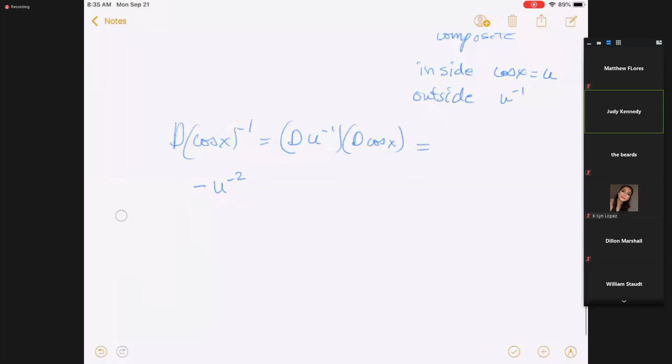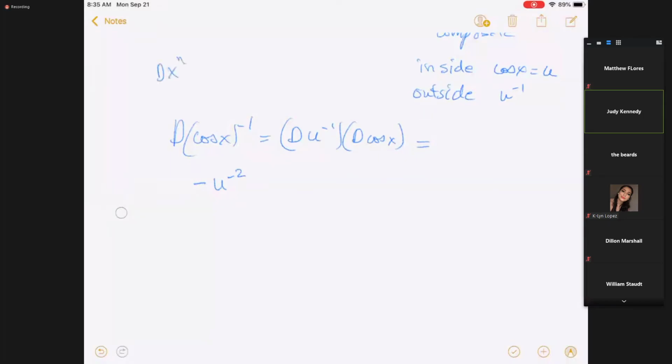Yeah, remember the derivative of x to the n is n x to the n minus 1, and n here would be minus 1. The derivative of the cosine function is minus the sine function. And then going back to my x's, u is the cosine of x. And then times minus the sine of x.